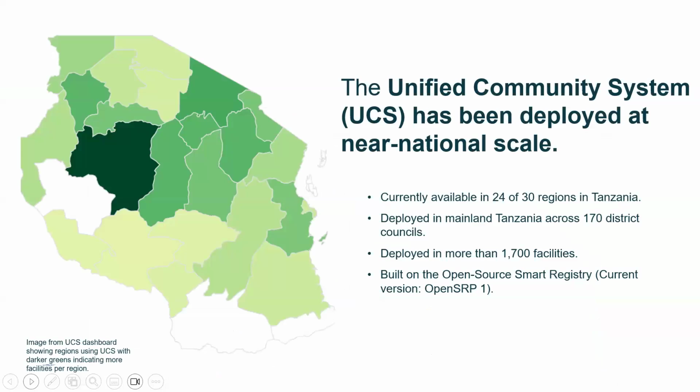So the Unified Community System has been deployed at nearly national scale, currently available in 24 of 30 regions in Tanzania, deployed in mainland Tanzania across 170 district councils, deployed in more than 1,700 facilities.